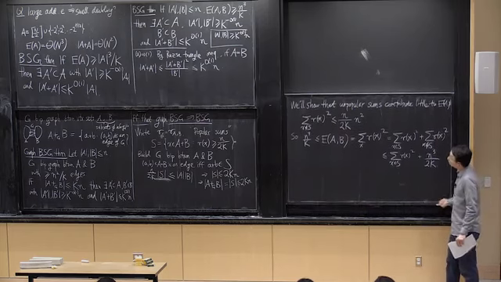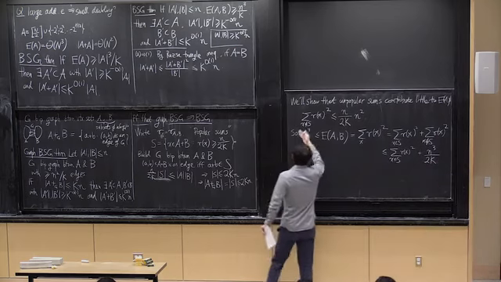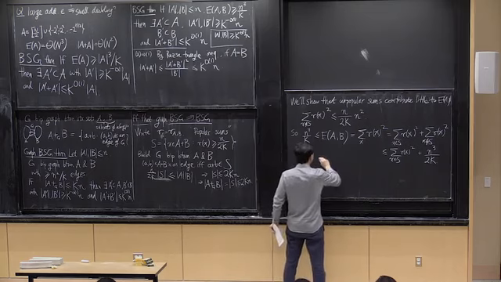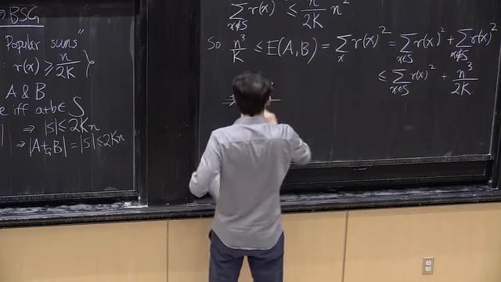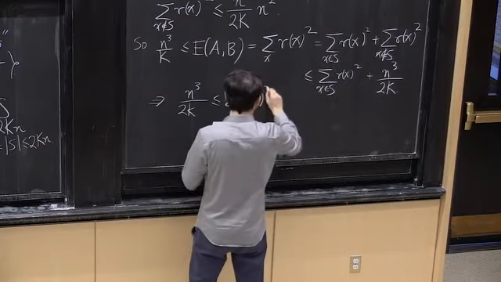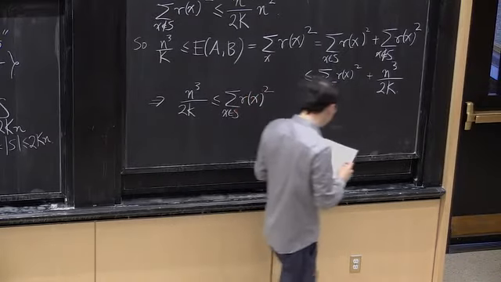So as a result, bringing this small error term, it doesn't cancel much of the energy, so we still have a lower bound on the sum of the squares of the r's in the popular sums.